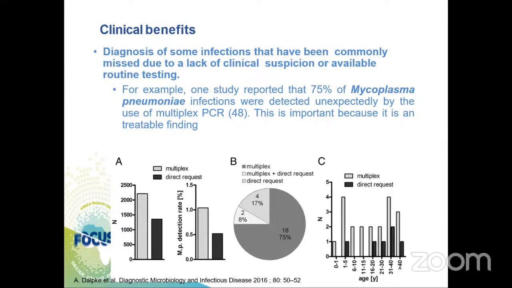Now, as I've said, currently the challenge, if I use an example of a panel like the GE, gastrointestinal, is that some of these target organisms could be normal in their own circumstances. So how do you approach treatment?